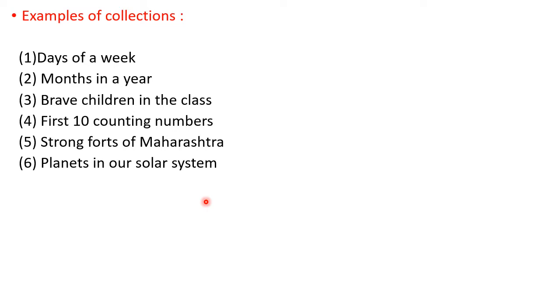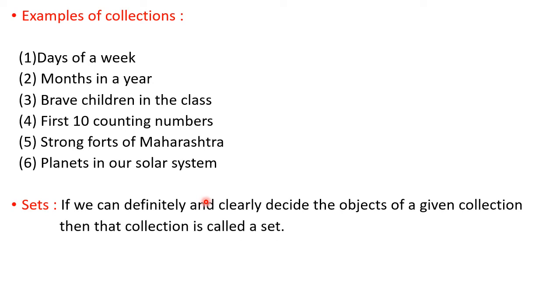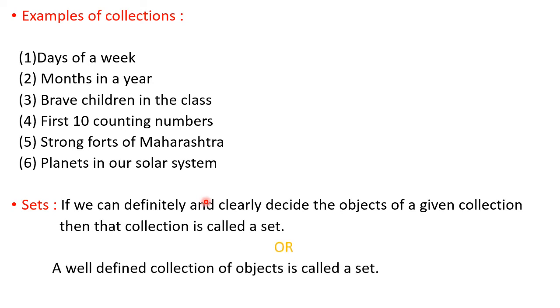So how are we going to define a set? We can define it in two different ways. This is the definition from the textbook: if we can definitely and clearly decide the objects in a given collection, then that collection is called a set. Or in simple words, a well-defined collection of objects is called a set.